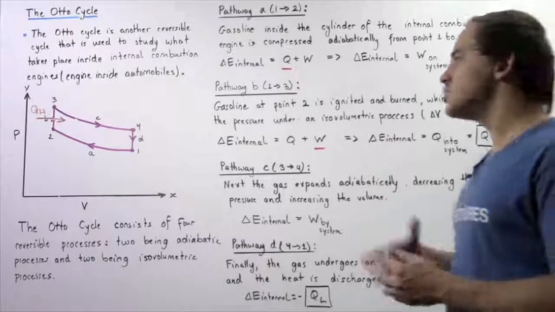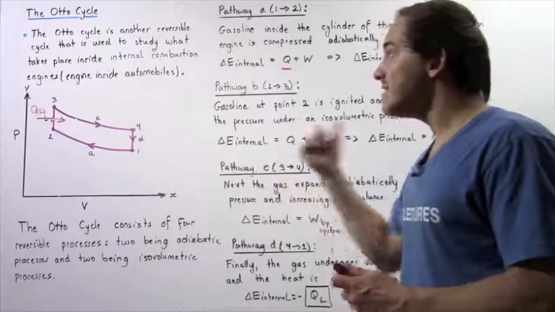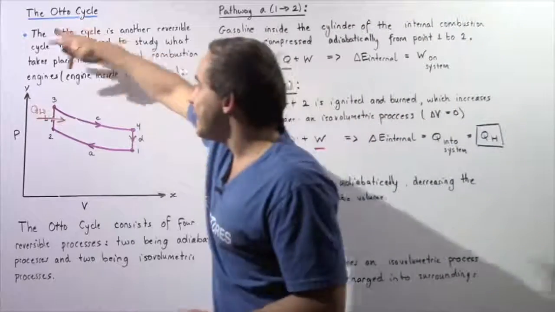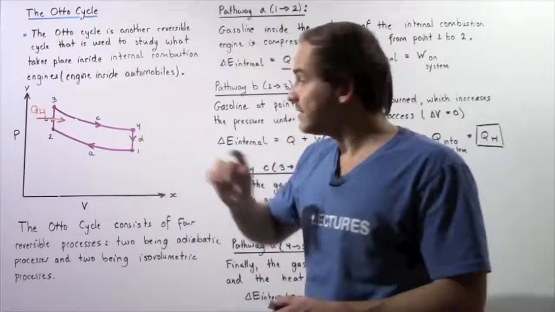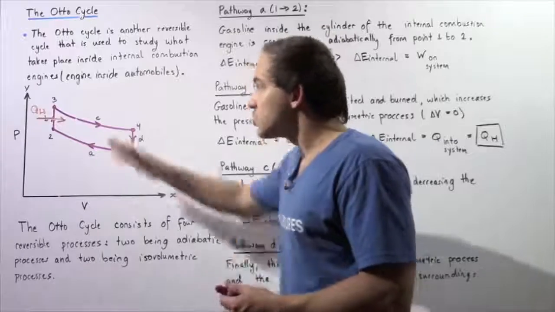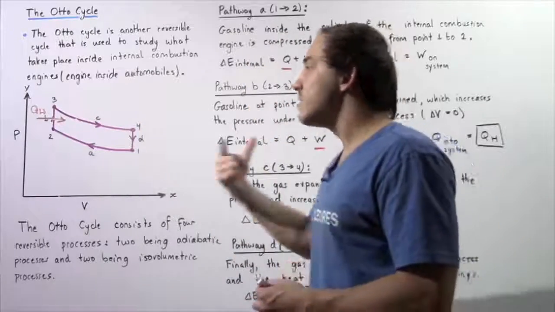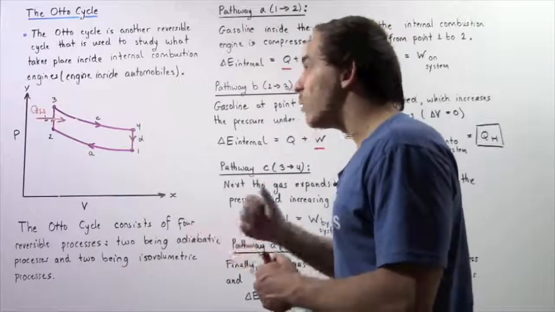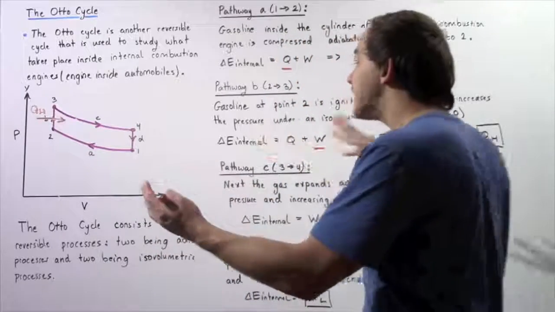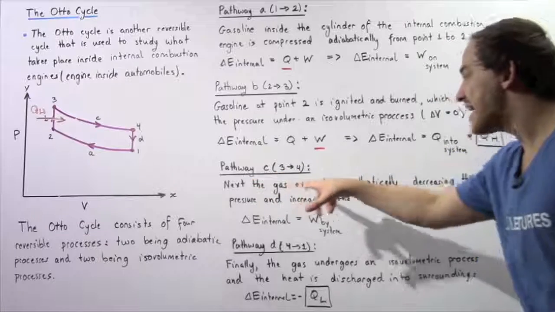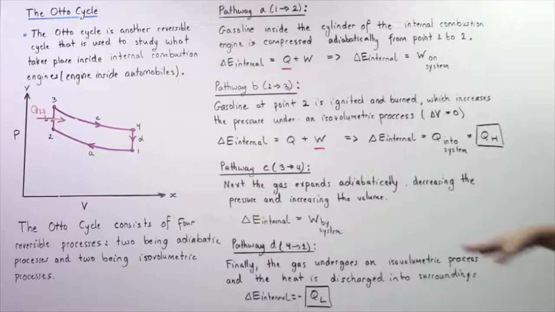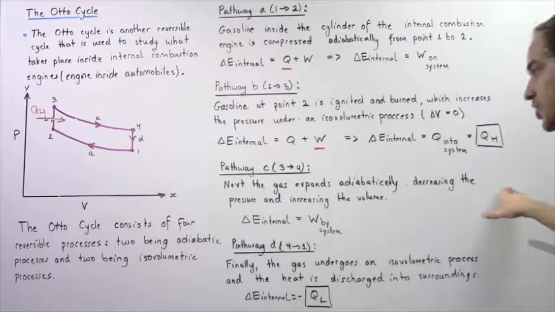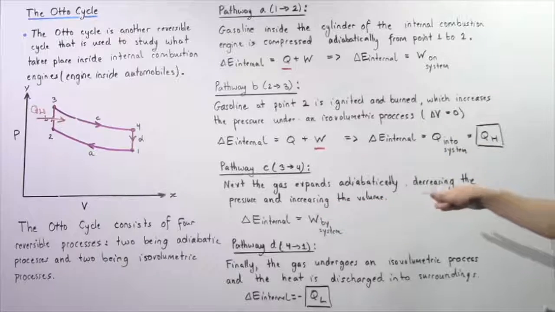Now, let's move on to pathway C. Pathway C begins at position 3 and ends at position 4. Notice what takes place. This is once again an adiabatic process, but now instead of compressing, we're expanding. So the gas expands adiabatically, decreasing the pressure and increasing the volume.